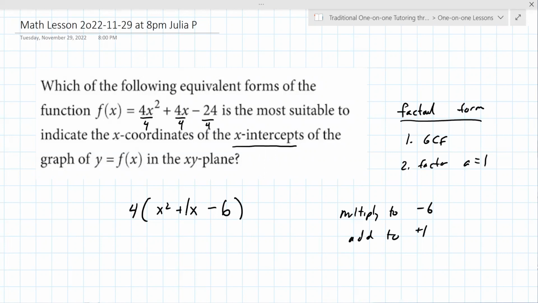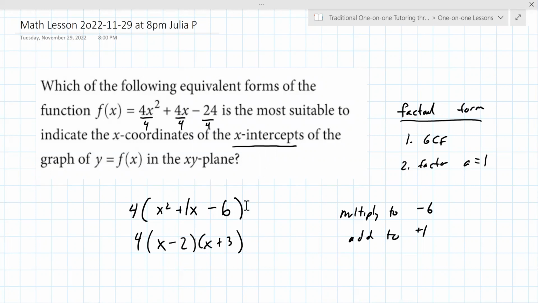Can you think of those two numbers? -2 and +3. Yes, x minus 2, x plus 3, those add to +1.